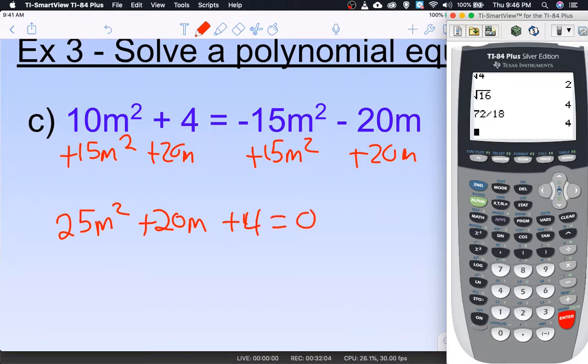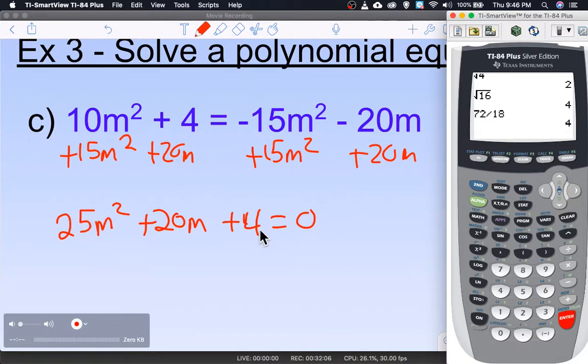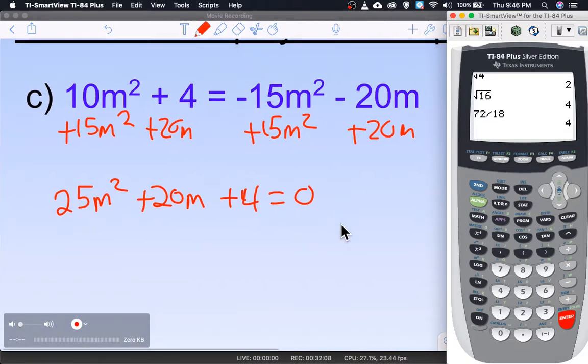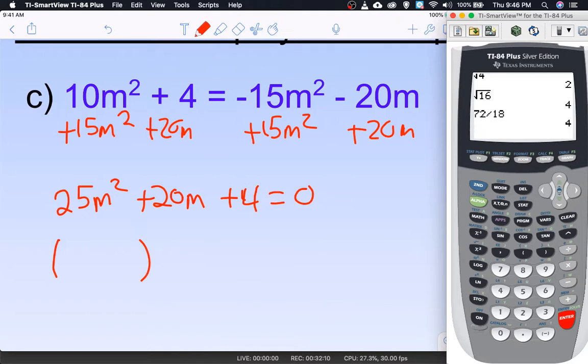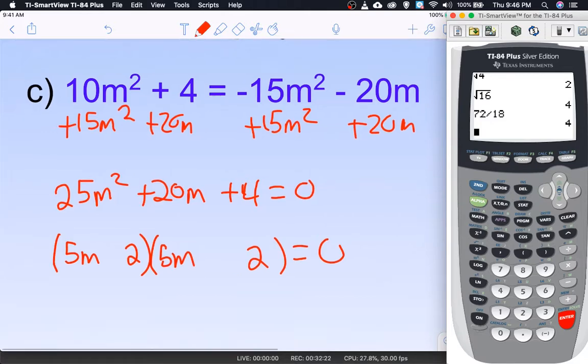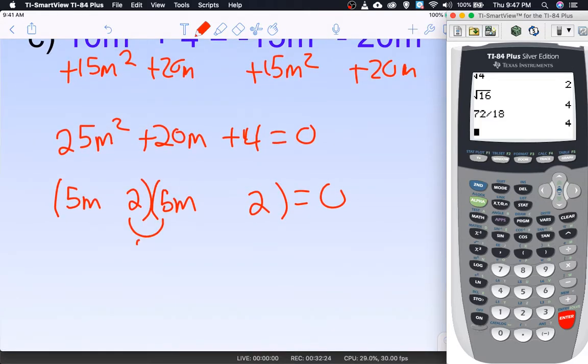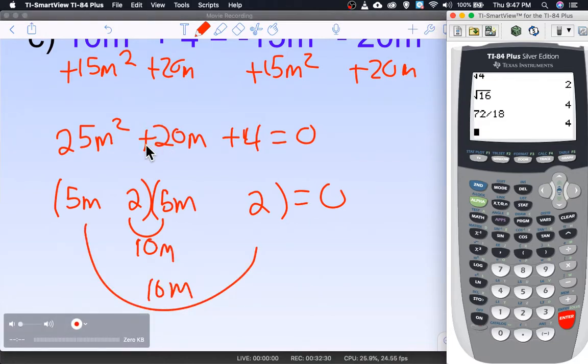Alright, I see that these are both perfect squares, 25 and 4. So I would guess it's going to be a 5m and a 2. Not positive, but I'm pretty certain. And to check the middle term, since this would be a 10m and then another 10m to make a positive 20, these would both be pluses.